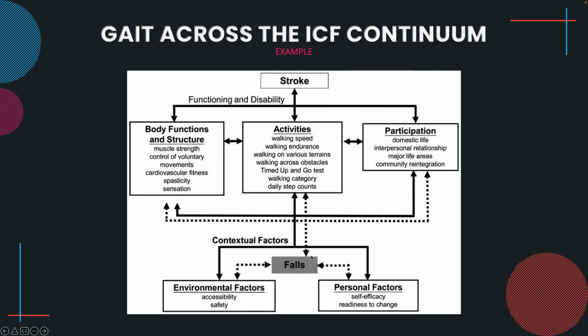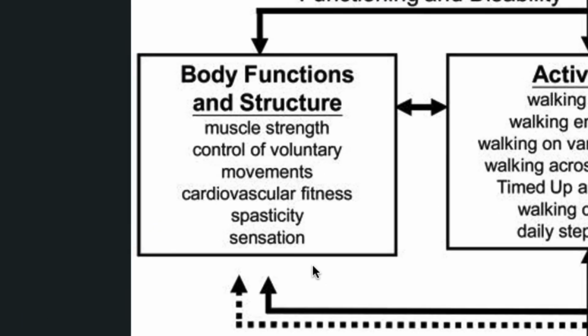Over at body functions and structure, we can see all of the things that may be impairing their ability to walk. Decreased muscle strength, decreased motor control, decreased cardiovascular fitness, spasticity, and loss of sensation.